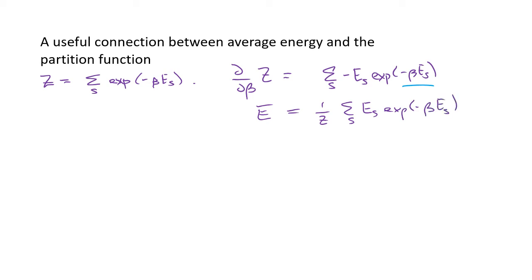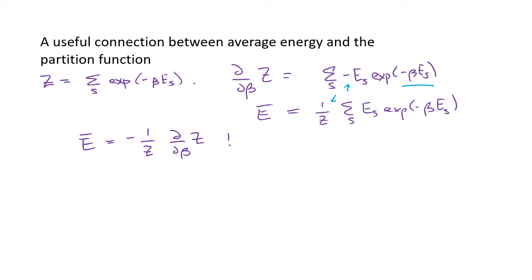The only difference between these two things is that I have a minus sign here and I have a 1 over Z here. So what that's telling us, just staring at these two equations, is that the average energy is just minus 1 over the partition function times the derivative with respect to beta of the partition function.